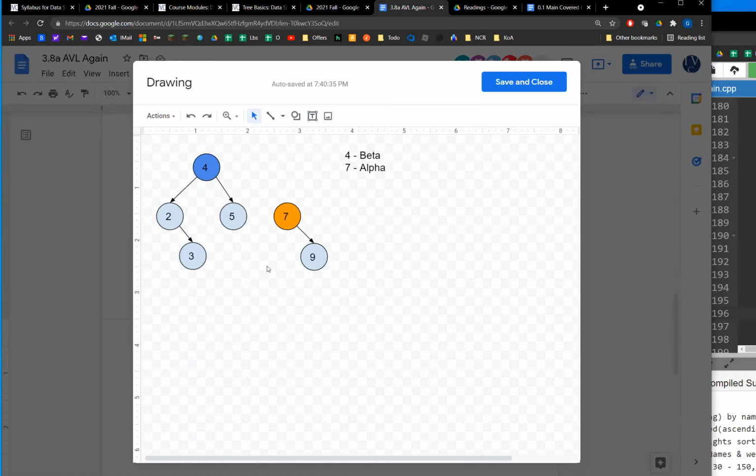So we know we have a vacancy there. 4 wants 7 to become its right child. Right, so we'll need to shuffle our links around.